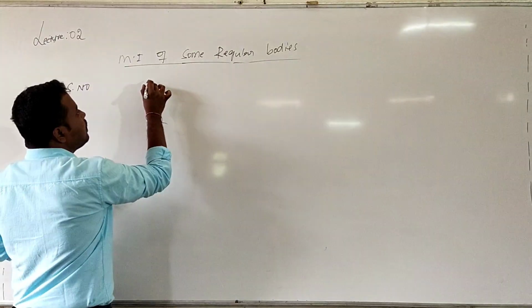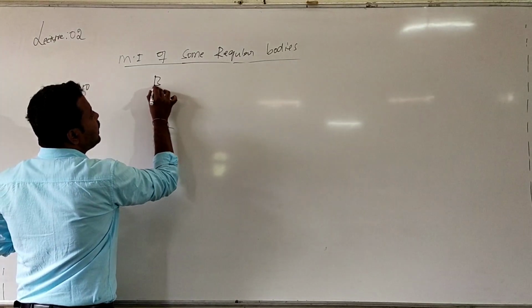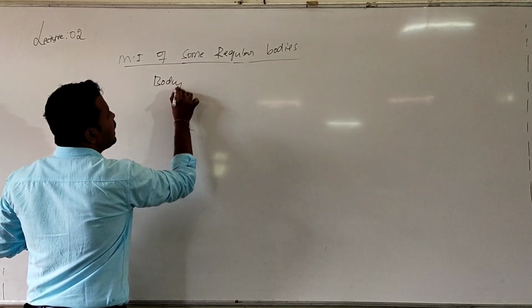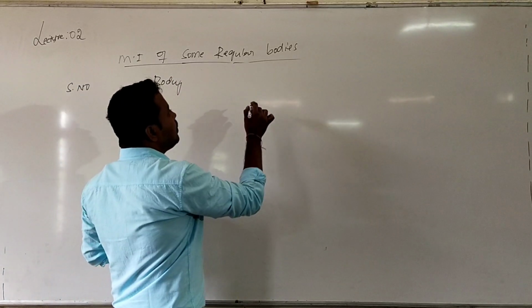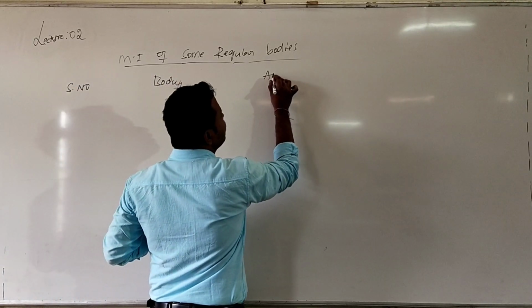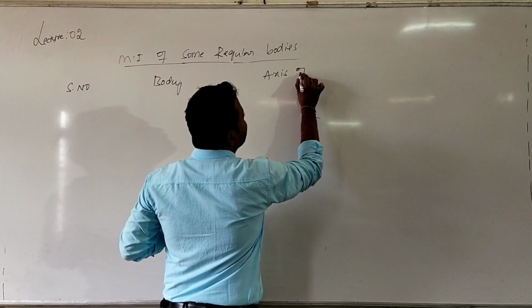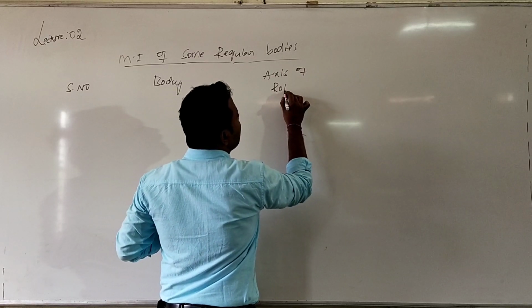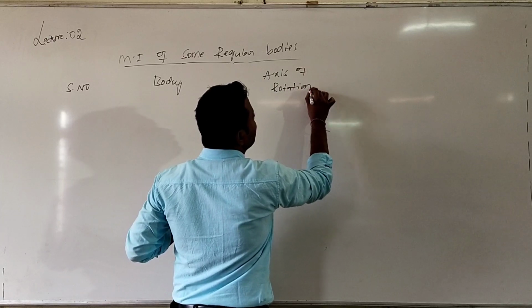So serial number, then the body, which regular body we are considering, then the concerned axis of rotation, about which axis of rotation we are calculating the moment of inertia.